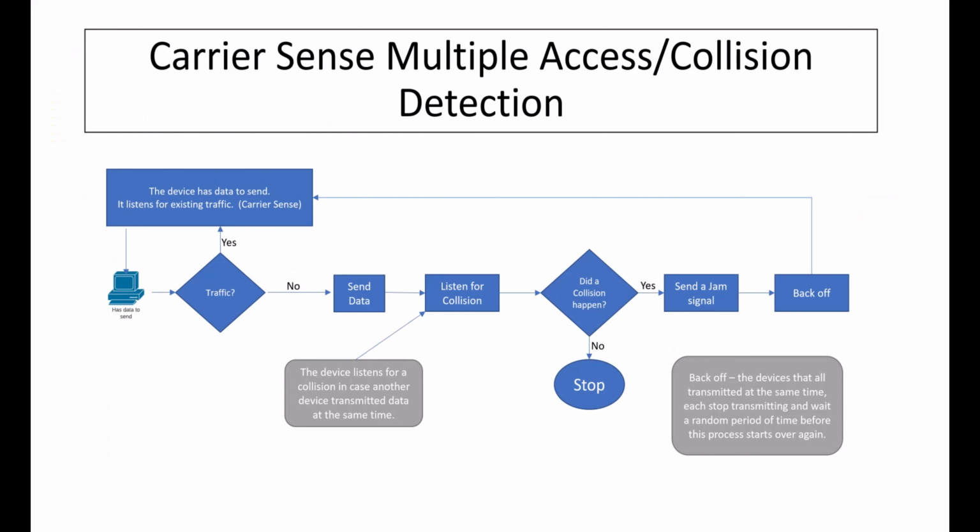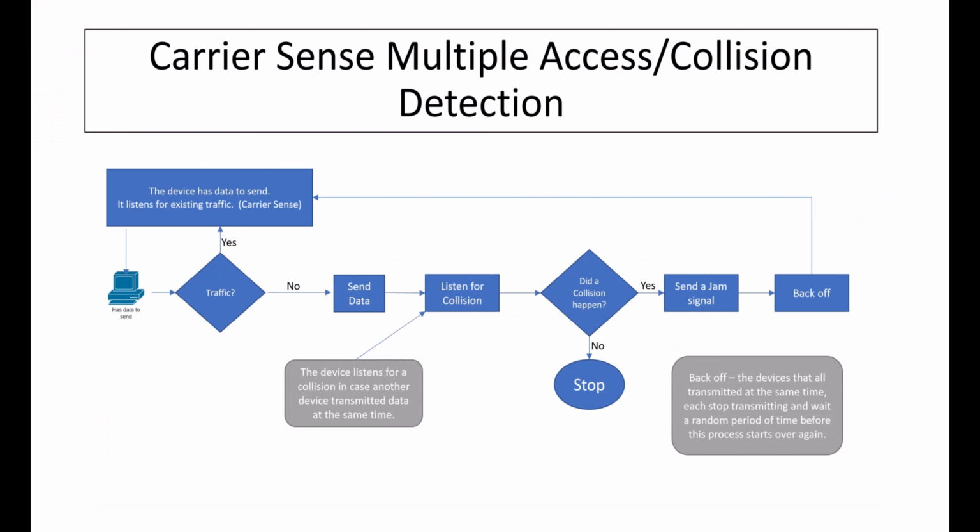If the device senses a collision, the devices that all transmitted will send out a jam signal. This jam signal tells all the systems on the network, there's a problem, please back off and don't send data. The systems that caused the jam will wait a random period of time, they call it the back off period, and they will begin this whole process over again.